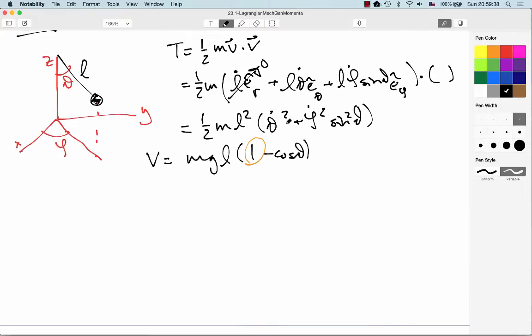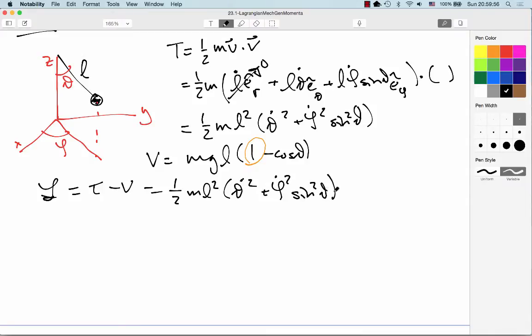All right, so the Lagrangian will be T minus V. So that will be 1/2 m L squared times theta dot squared plus phi dot squared sine squared theta, minus mgL times 1 minus cos theta.